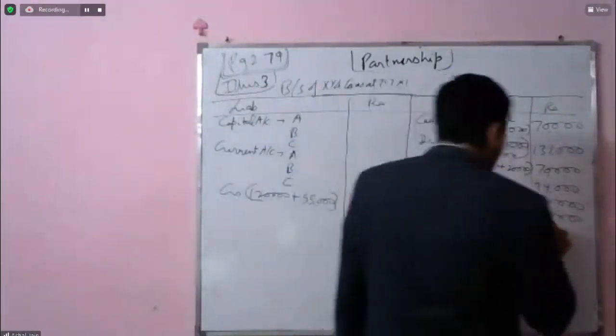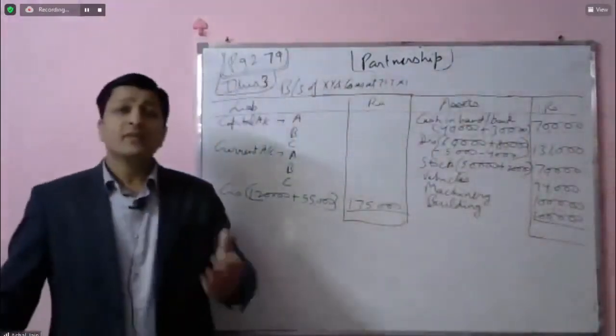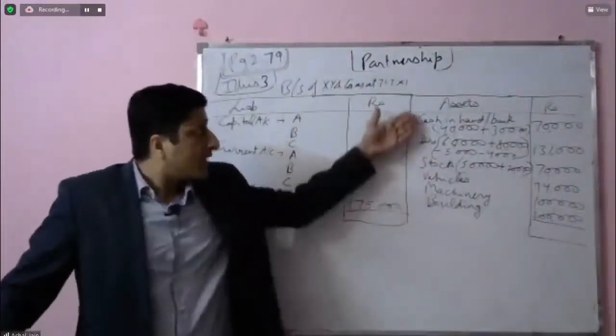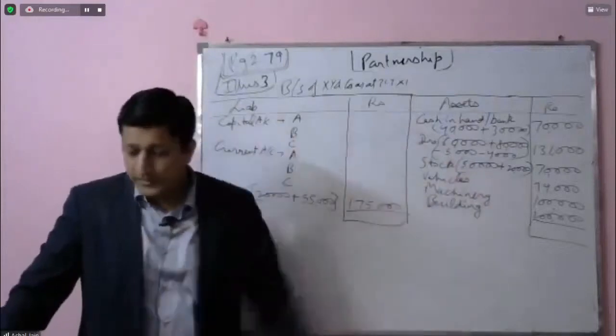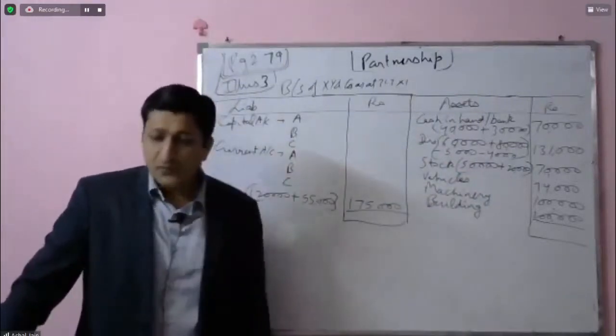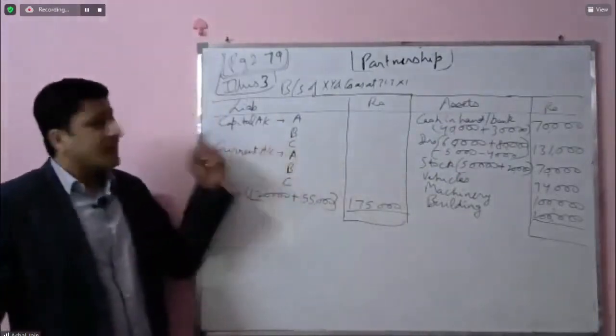Up to this stage, everything has been okay, and effectively we have been able to solve the majority of the question, isn't it? All of these workings are shown over here. But one thing is missed: computation of the capitals of ABC.